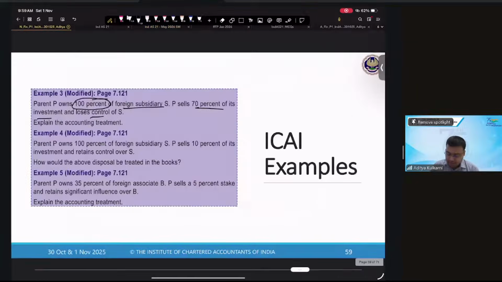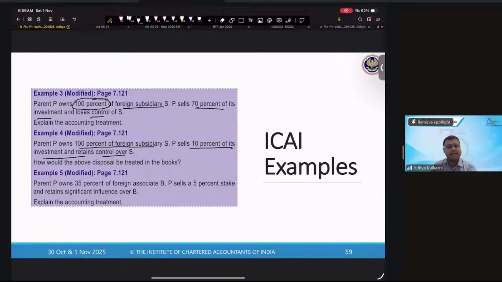Example 4: parent P owns 100% of subsidiary S. Parent sells 10% of its investment and retains control over S. Out of 100, 10 is gone, but is it a disposal? Answer is no. This is a partial disposal. How would I recognize it?